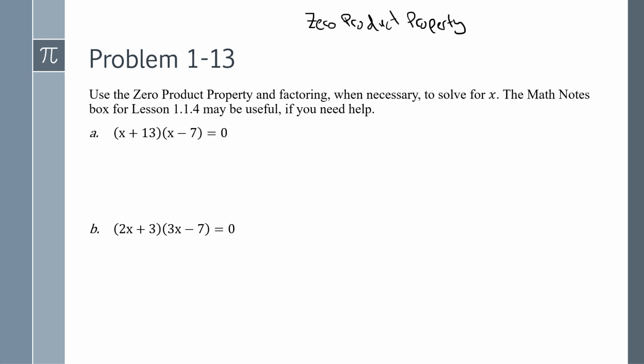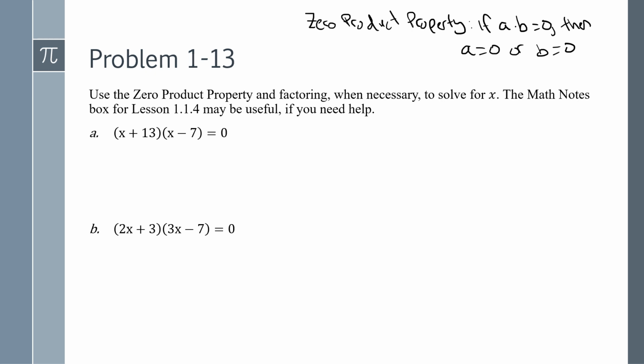It essentially says if A times B equals 0, then for that to be true, either A equals 0 or B equals 0. You see in problems A and B how we have two things being multiplied and the product is 0. So the zero product property says as long as one of those things is equal to 0, the whole product will be 0.